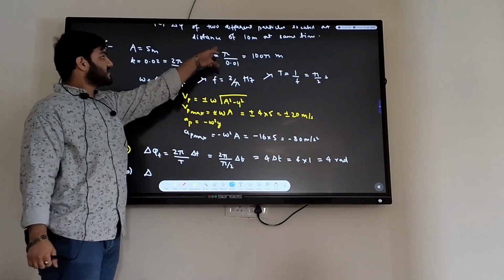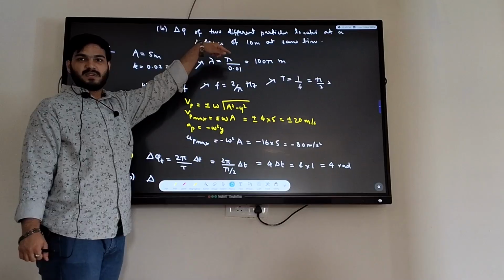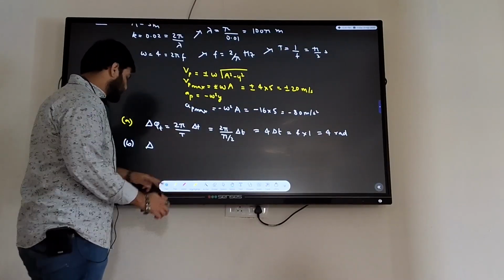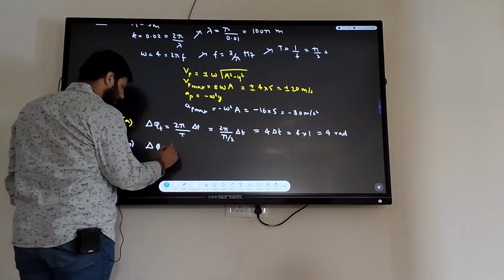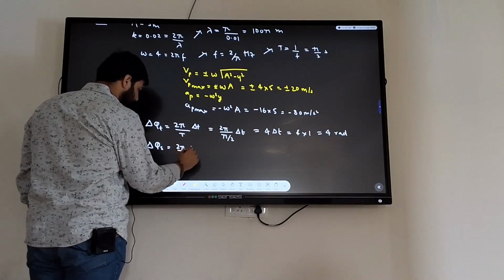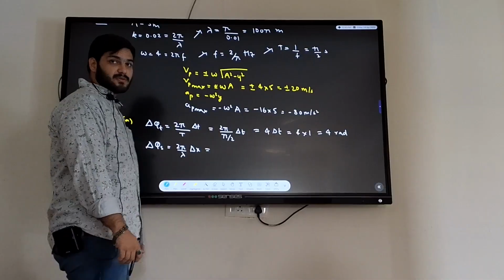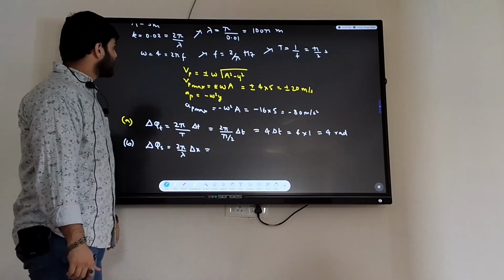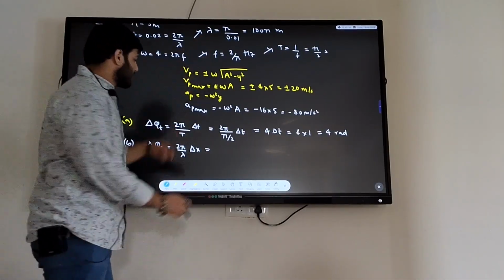Next one is, which phase difference? Spatial. And what is the spatial का formula? 2 pi by lambda into delta x. What is delta x given to be? 10. What is the wavelength of the wave? 100 pi.